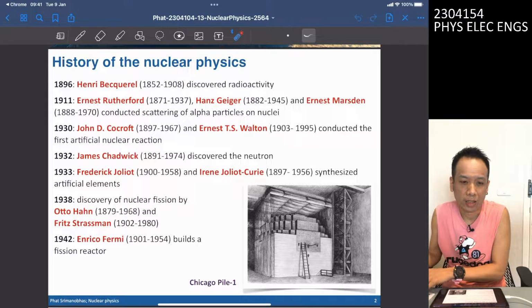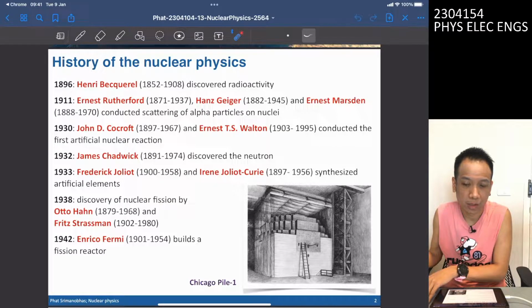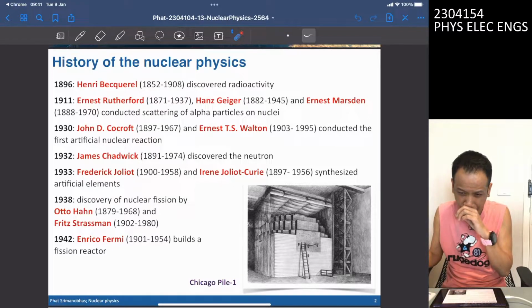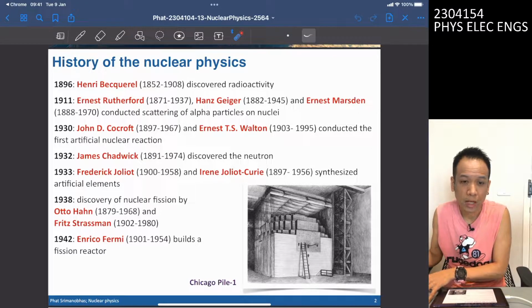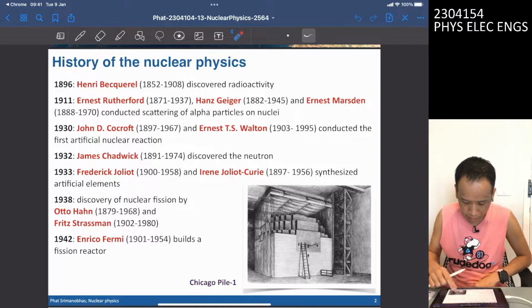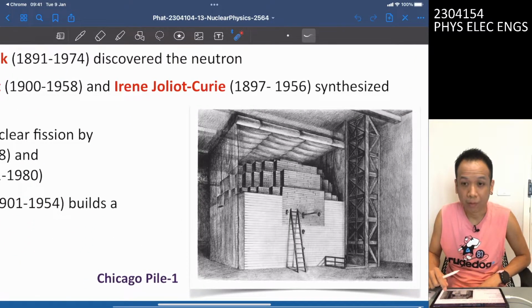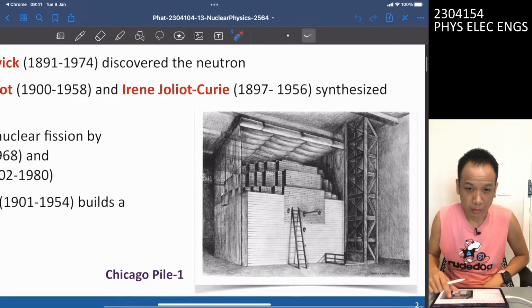Then in 1933, Joliot and Joliot-Curie synthesized artificial elements for the first time, and in 1938 nuclear fission was discovered by Otto Hahn and Strassmann. After that, in 1942, Enrico Fermi drew the first plan for the fission reactor. This is what we call Chicago Pile 1, and this is a drawing of the experiment.